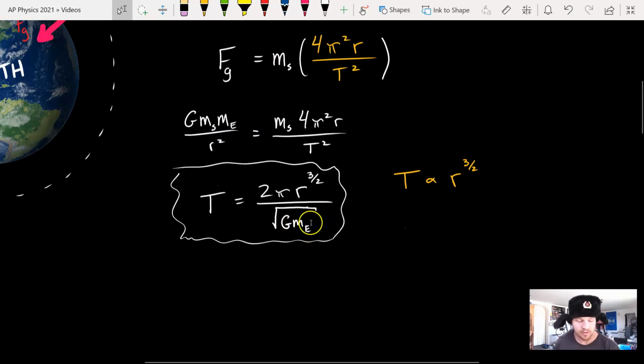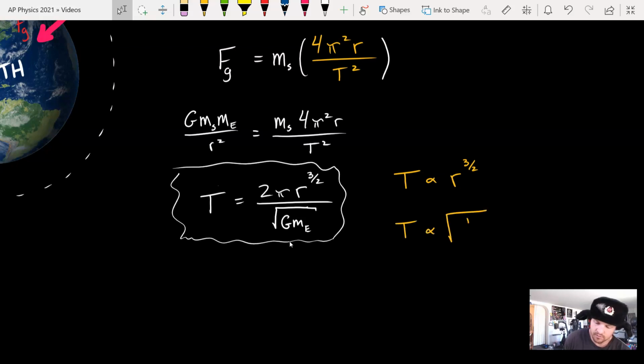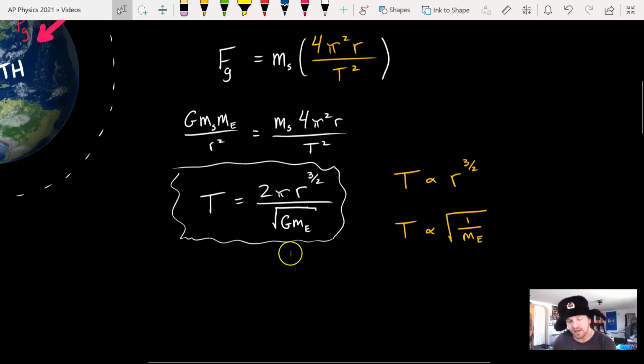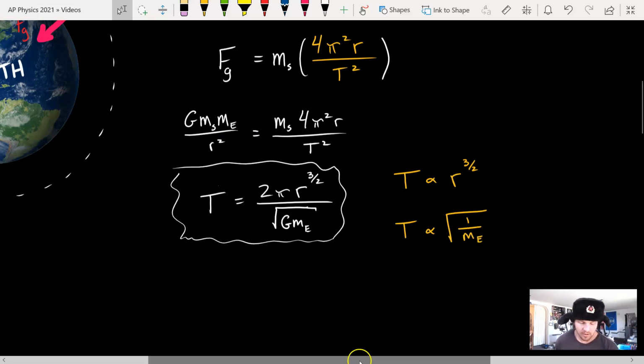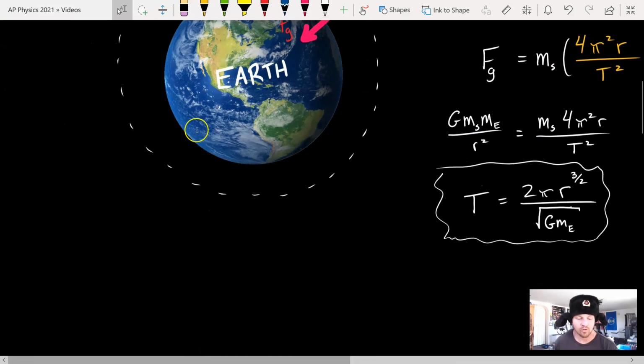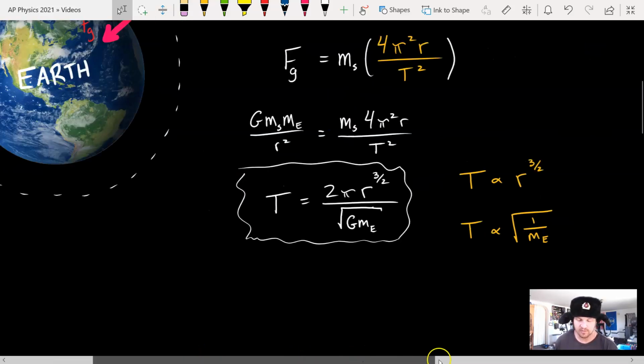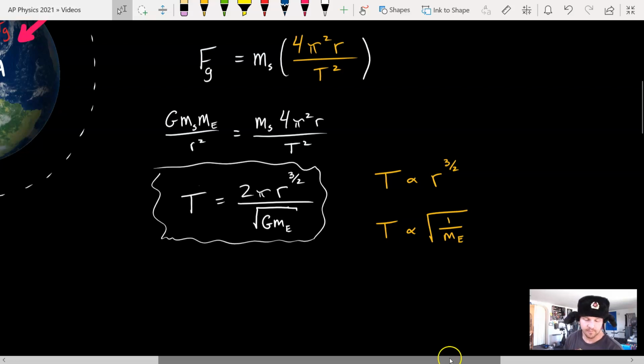But the variable here, mass, tells me that period is inversely proportional to the square root of the mass of the planet that's pulling. In this case I have mass of the Earth, but it could be any planet that it's orbiting. In all of these examples, it's the mass of the Earth.